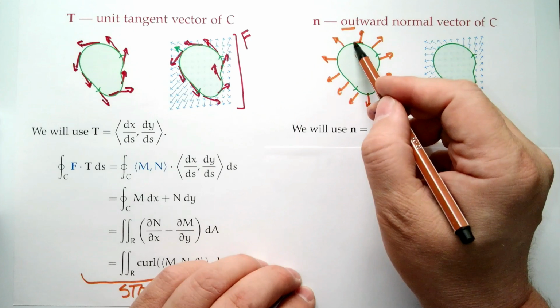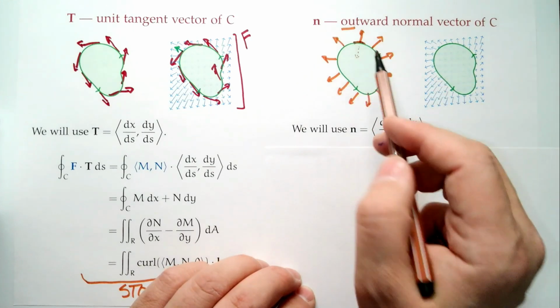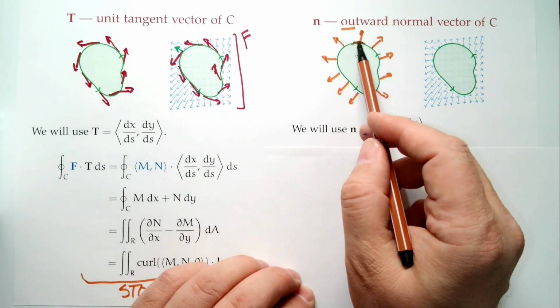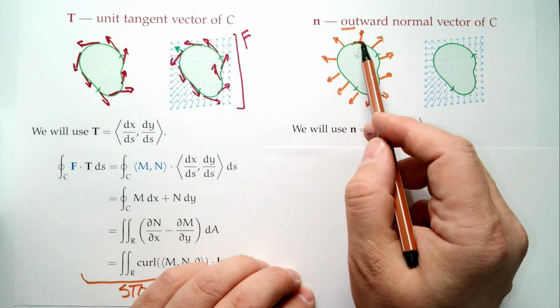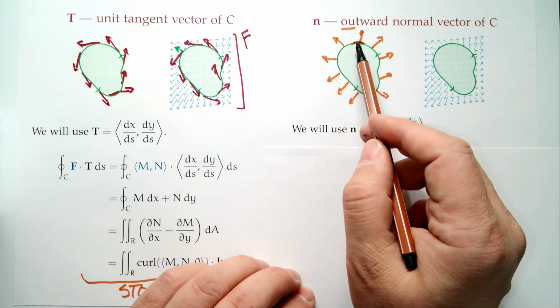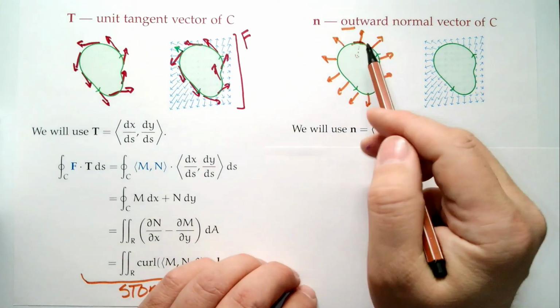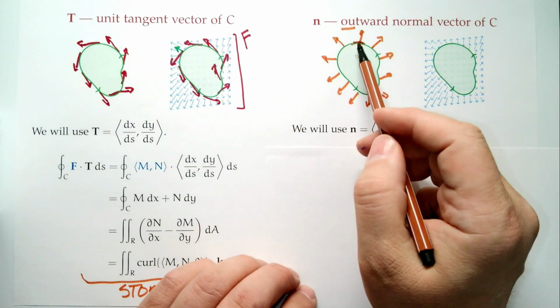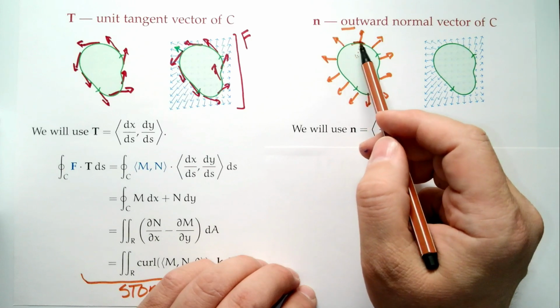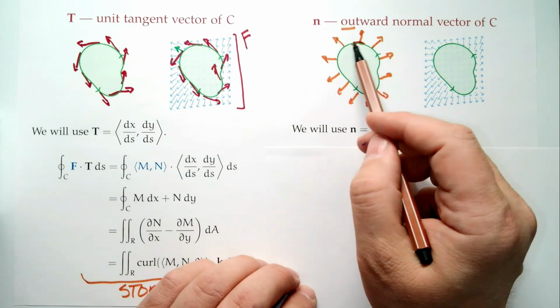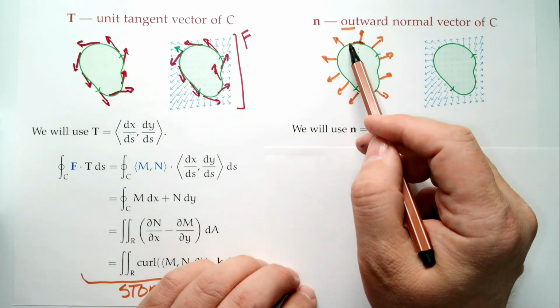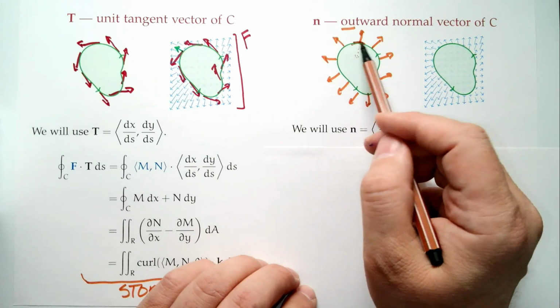So let's just look up here. If I'm moving along the curve, what's true about my y right now? Is it changing much? No. It's a very small change. What's true about x? It's changing, but how is it changing? If I'm moving here from right to left, what can you tell me about the sign of the change in x?